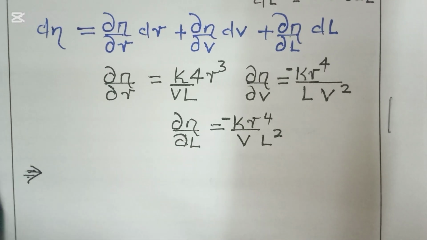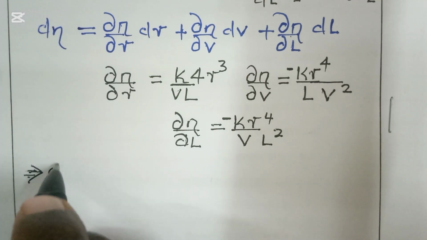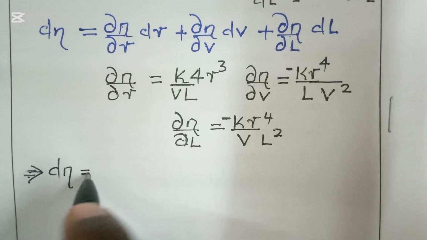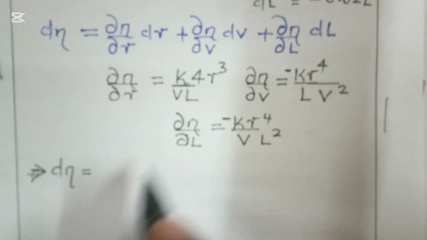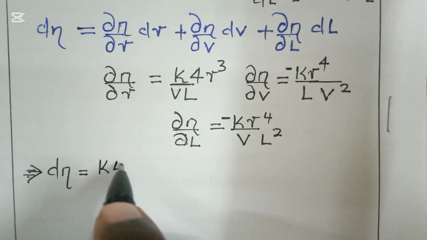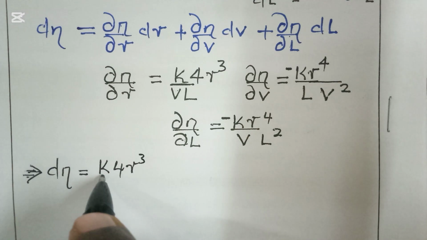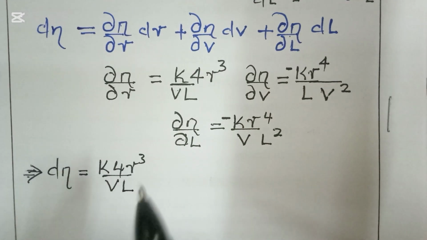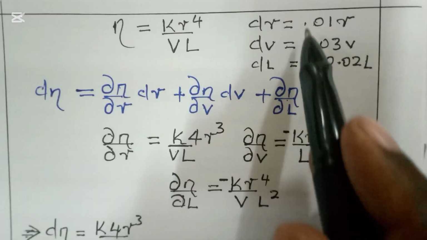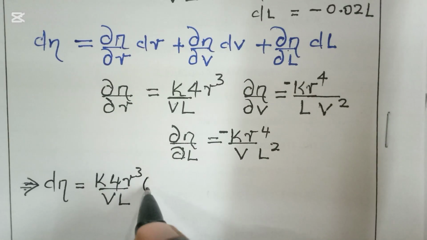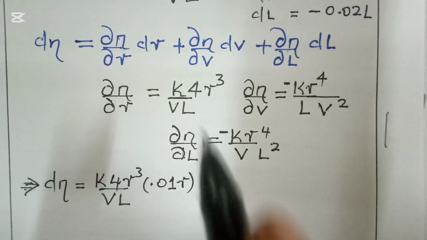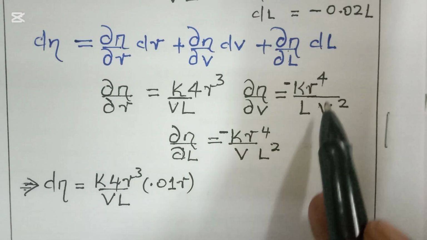We write d eta, that is the change in viscosity, will be given by, we start with this, which is written as K 4R cubed all over VL, multiplied by the dr. The dr is 0.01 R.